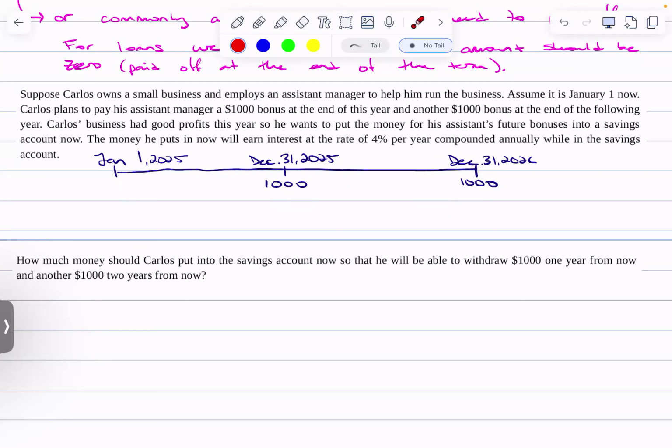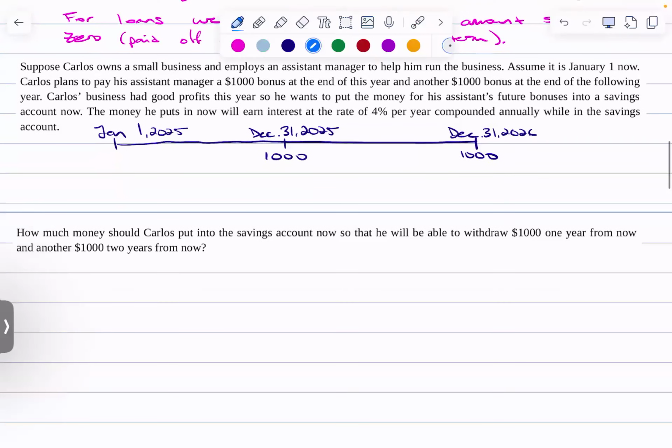And so how can we find what this looks like? What we can do is pull these amounts back. That $1,000 each time is some accumulated amount. So it's accumulated to 1,000, and then the remainder is accumulated to 1,000.